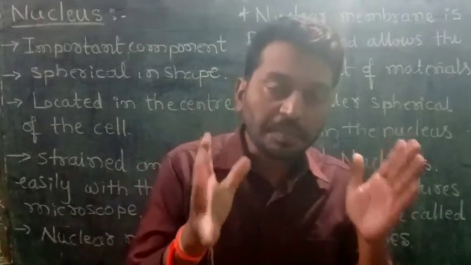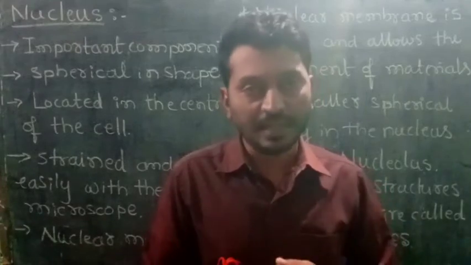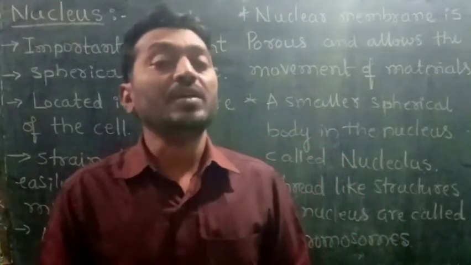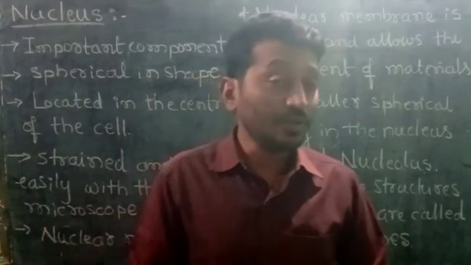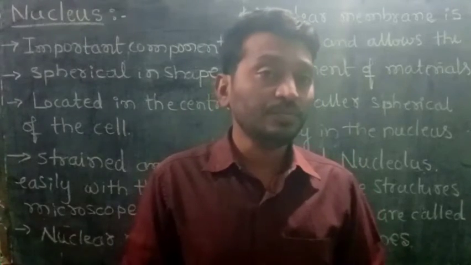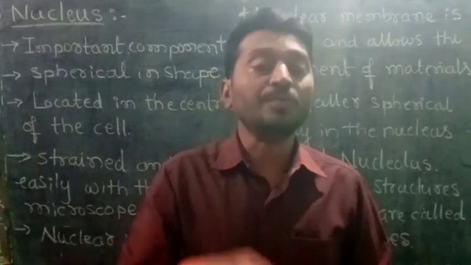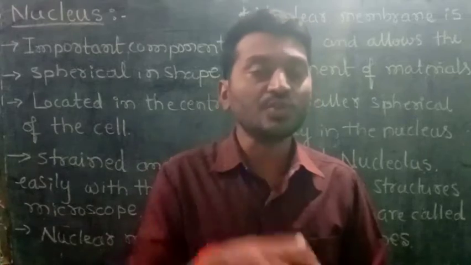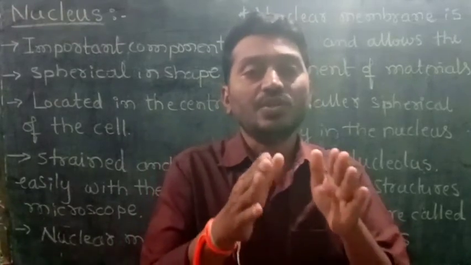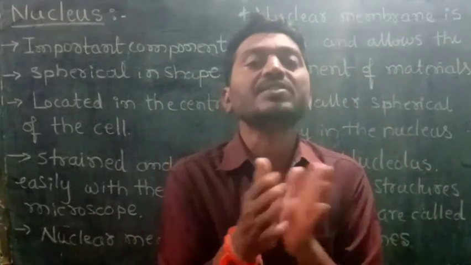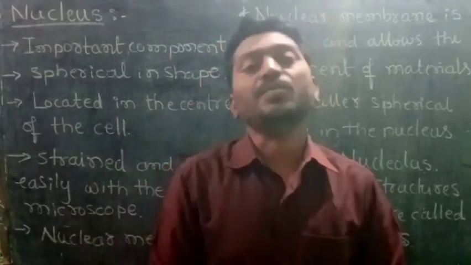So many organelles are there in a cell. They are mitochondria, ribosome, centrosome, Golgi bodies, endoplasmic reticulum, plastids. So these are all called living structures present in the cytoplasm.